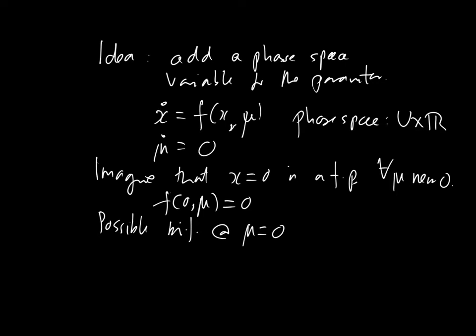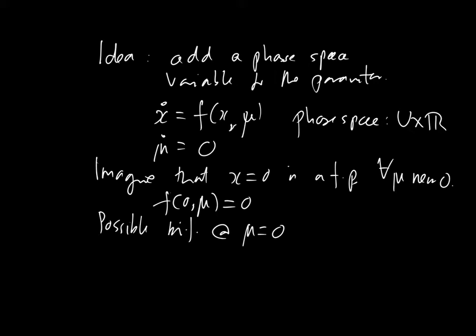Because if the linearization, d sub x of f at 0, mu, is non-degenerate, in other words has no eigenvalues on the imaginary axis, then you have a full complement of stable and unstable manifolds that fill out the phase space, and there's nothing odd happening.